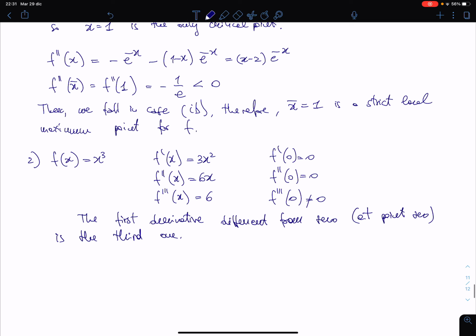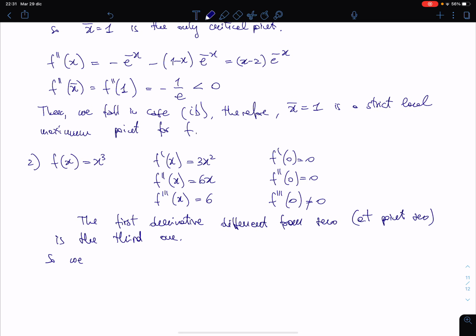So we fall in case 2, and x bar equal to 0 is a horizontal inflection point.